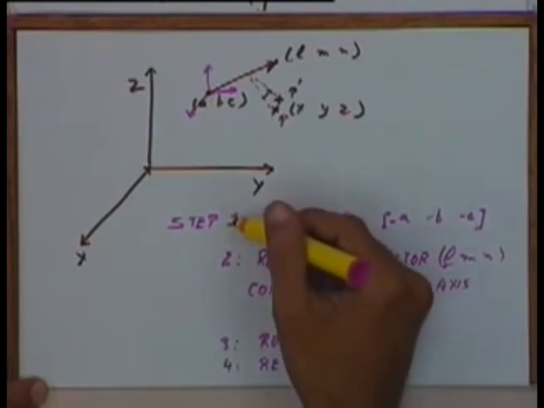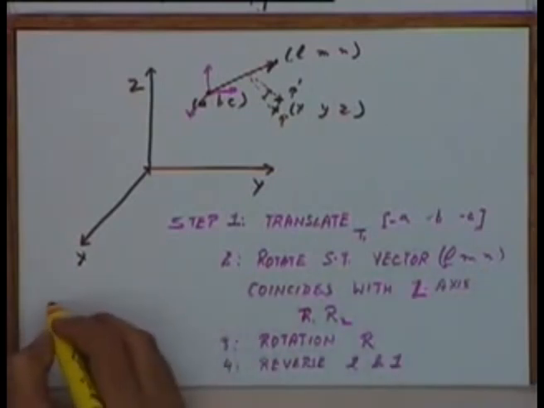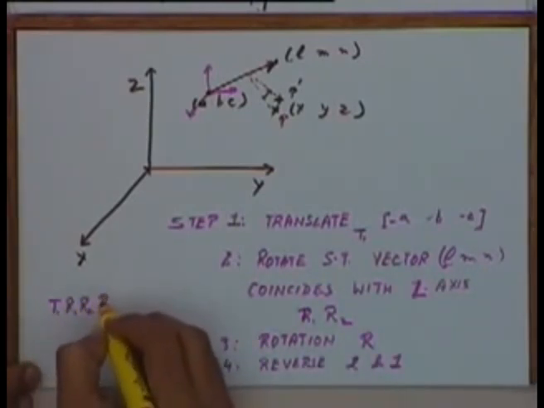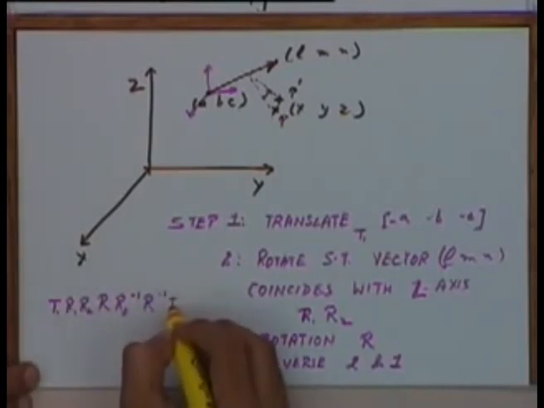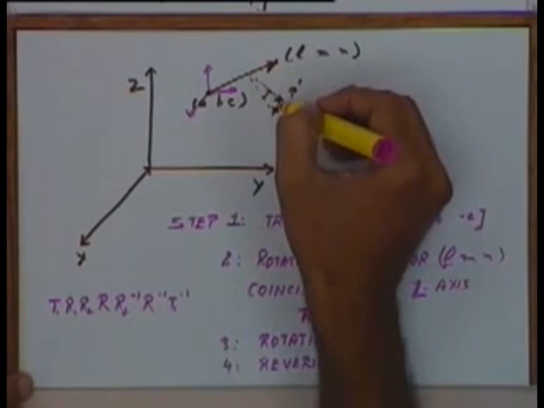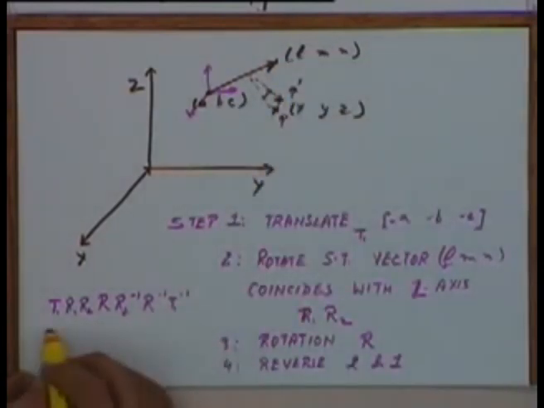Whatever transformation is obtained in step 1, we'll do the opposite of that. The combined transformation will come out to be T1, R1, R2, R, R2 inverse, R1 inverse, T1 inverse. So if you want to rotate point xyz over any arbitrary vector, that will be done by a sequence of these 7 steps.